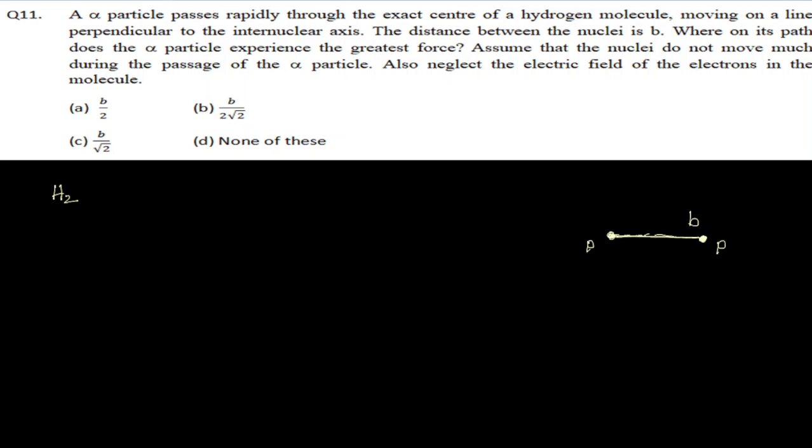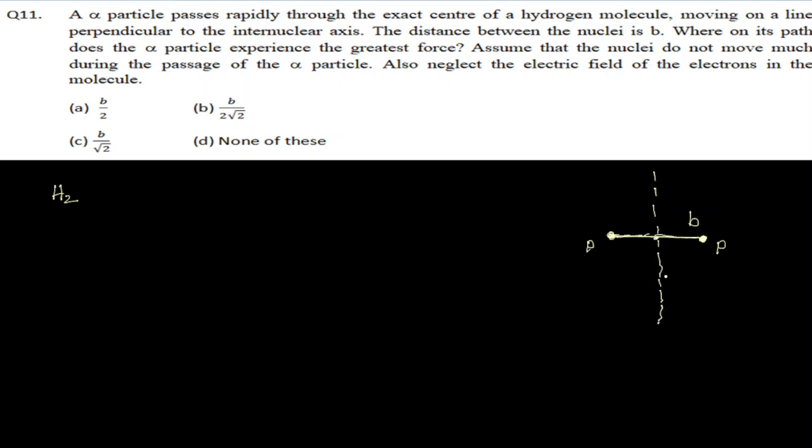Now what has been said is that the alpha particle passes through exactly the center of the hydrogen molecule. So this is the center, and let me draw a straight line. It will pass through the center and perpendicular to the internuclear axis.